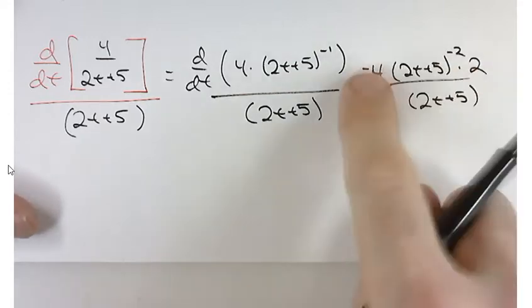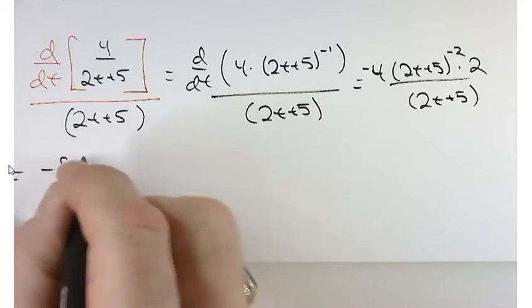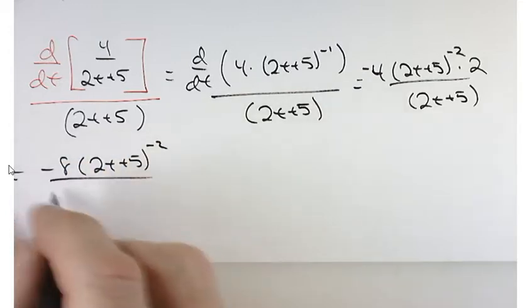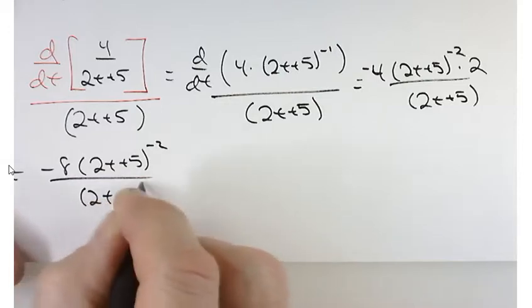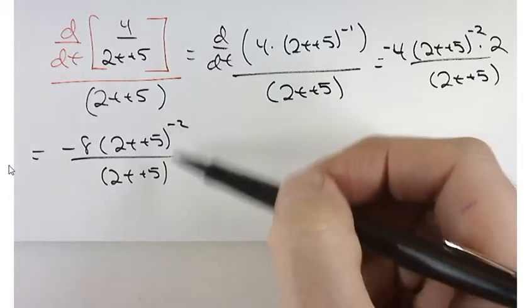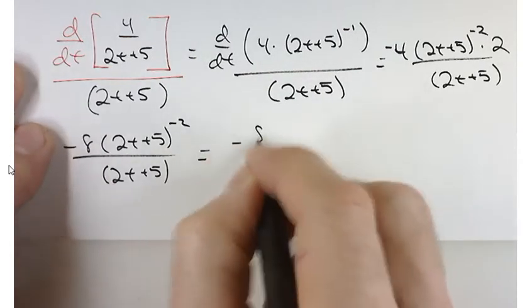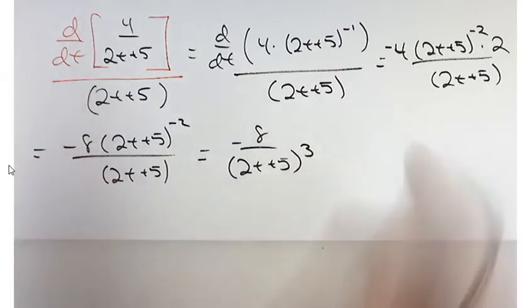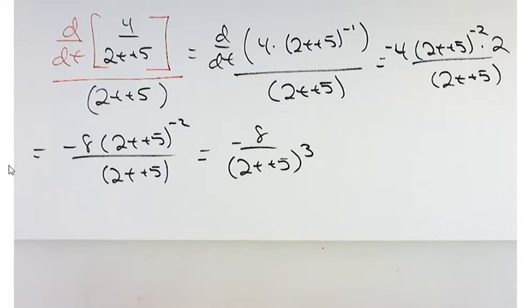Altogether, that would give me negative 8 times 2t plus 5 to the negative second power over 2t plus 5. Let's bring that down into the denominator. If I have 2 of them and then 1 more, I'll get negative 8 over 2t plus 5 cubed. Okay, so great. We avoided using the quotient rule. Probably not a bad idea. I know I teach this stuff, but I'm not really a big fan of using the quotient rule either.